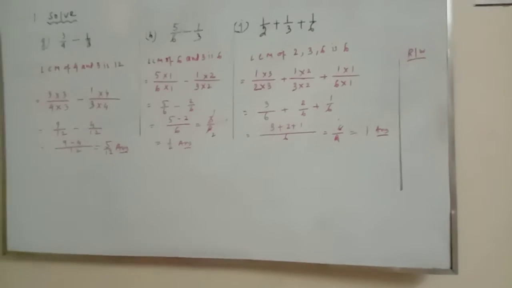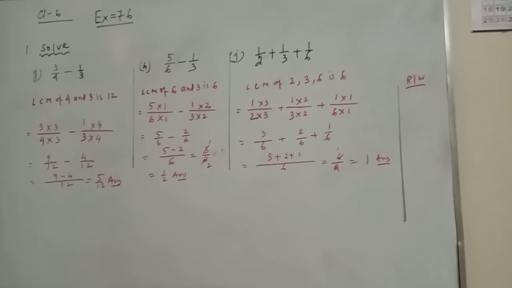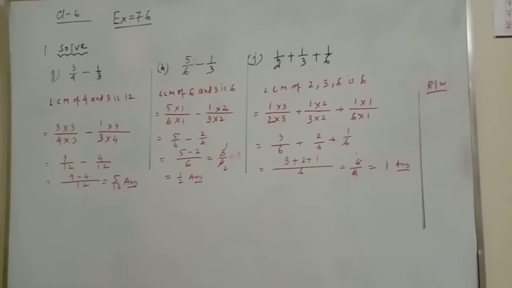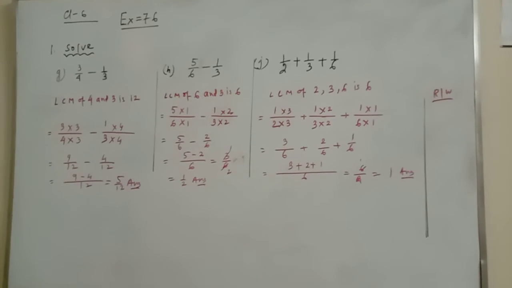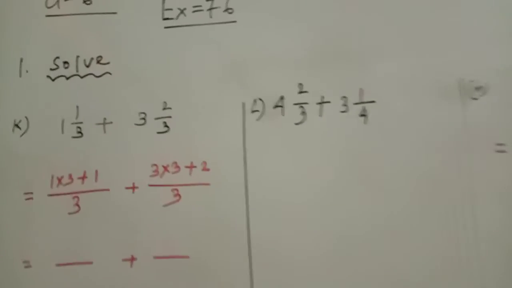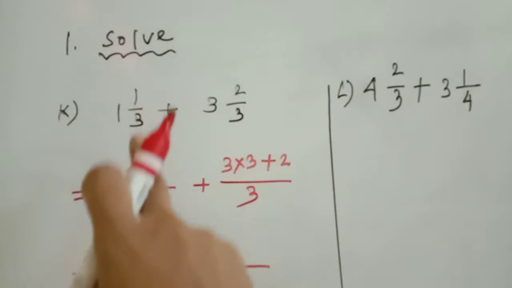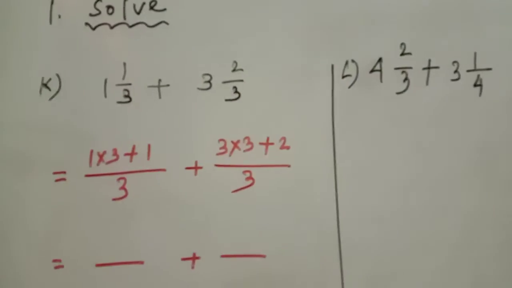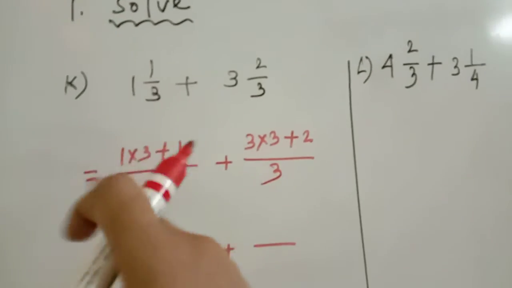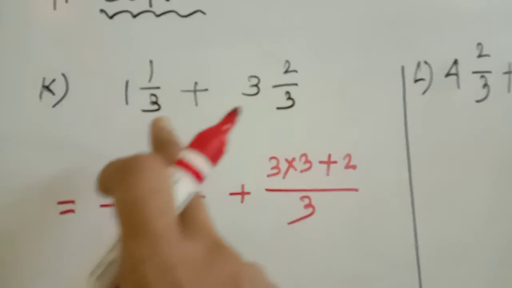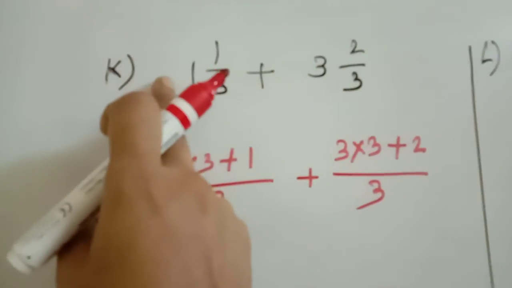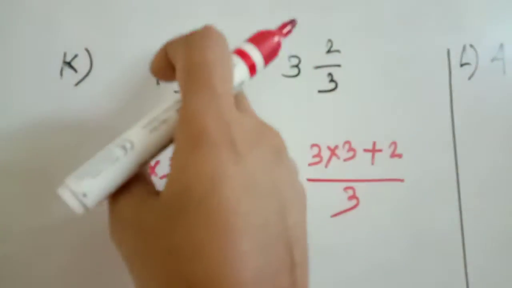Understood? Now I will do the 2 sums which are slightly mixed fractions. You know how to do mixed fractions. Now solve 1 by 3. You know these kinds of fractions are known as mixed fractions. 3 2 by 3. When you have to convert a mixed fraction into an improper fraction, you have to multiply 3 into this one and add the numerator.